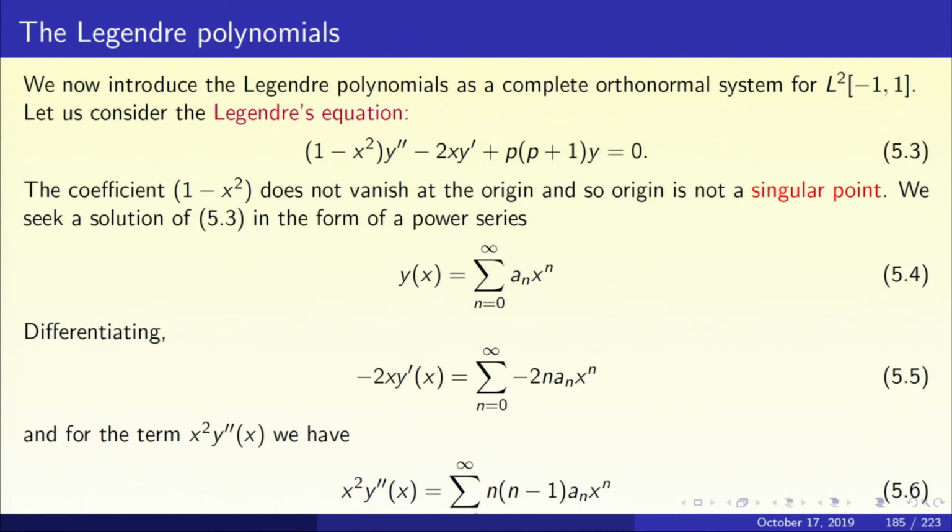So now we have concluded that if we assume y of 1 is 0, then compulsorily y prime of 1 is 0, y double prime of 1 is 0, and I must keep on differentiating the differential equation 5.3 again and again and again, and at each step I should put x equal to 1, and I will conclude that the fourth derivative of y is 0, the fifth derivative of y is 0, all the derivatives of y vanish when x equal to 1, and y is a polynomial.